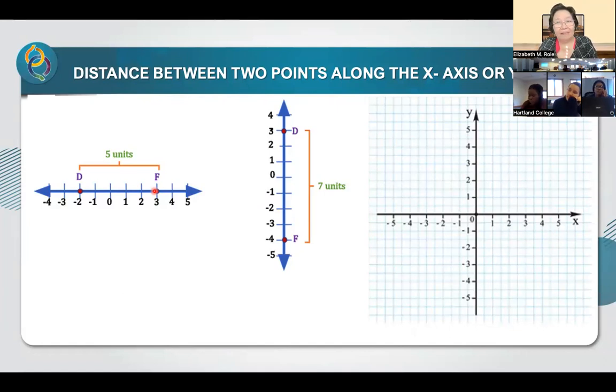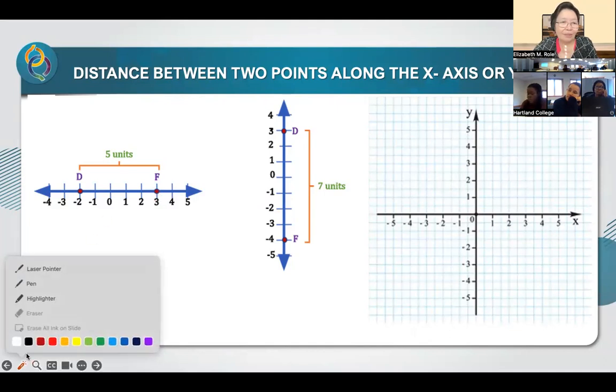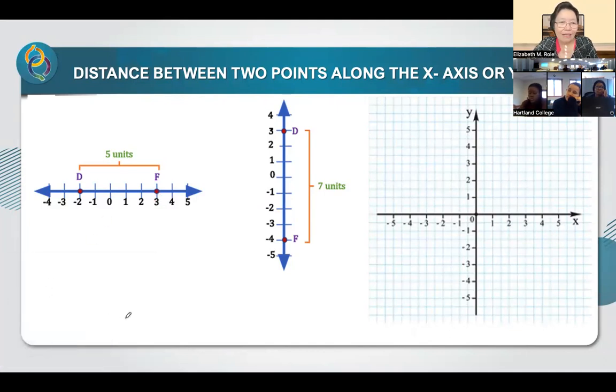But maybe we should not really just count, but we can use a mathematical operation to find the distance between -2 and 3. And that's actually just subtracting: from 0 to 3 is 3 units, and from 0 to -2 is 2 units.